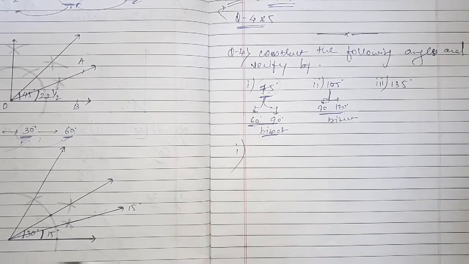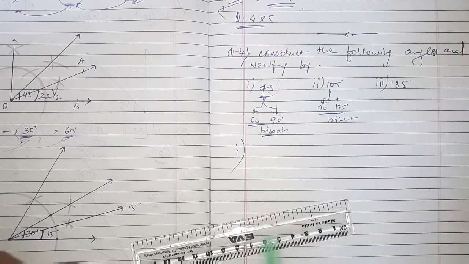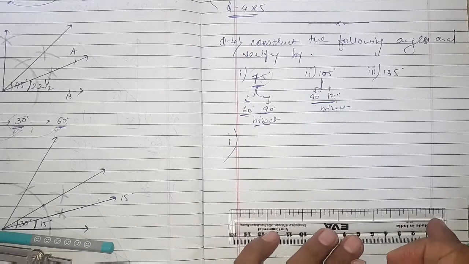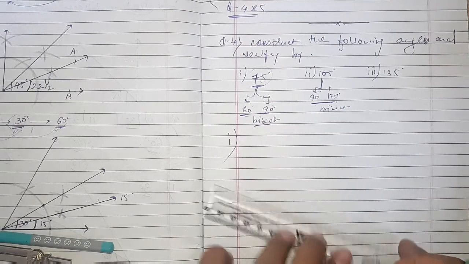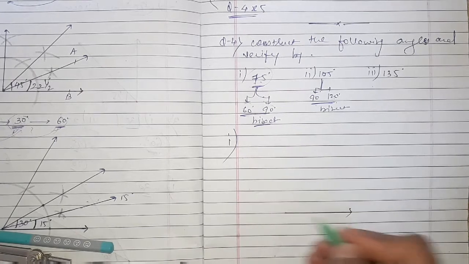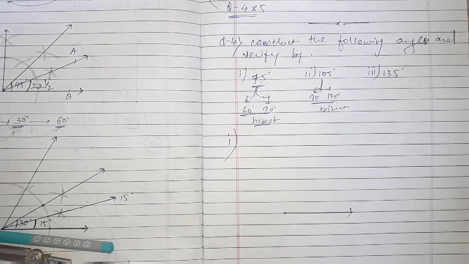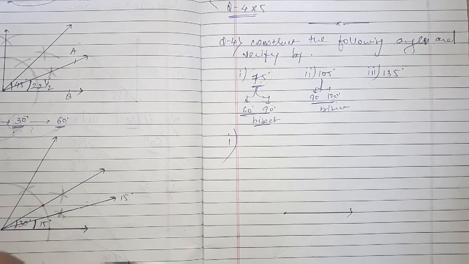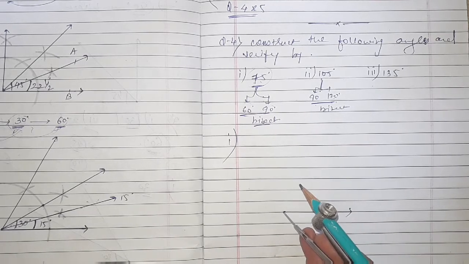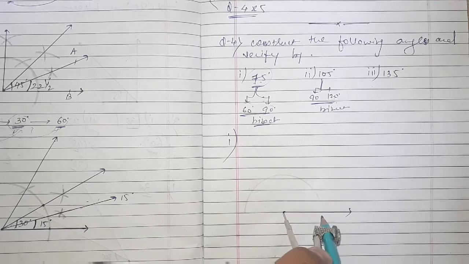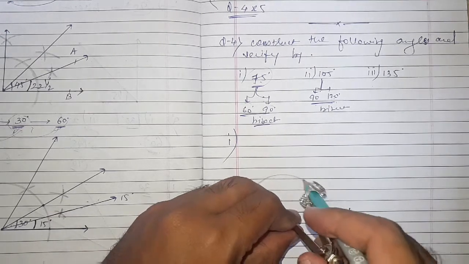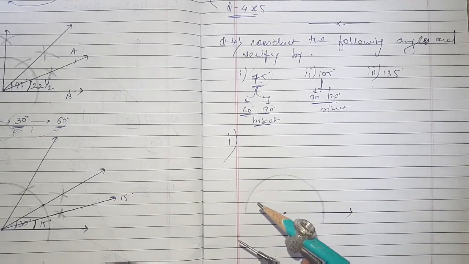So for the first one, first make a ray. After that, take any measurement of radius from the rounder and make a semicircle.